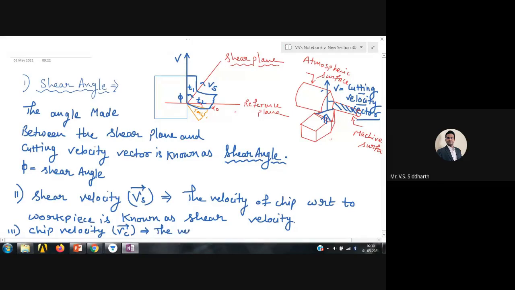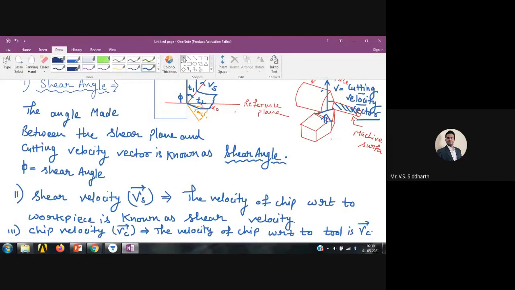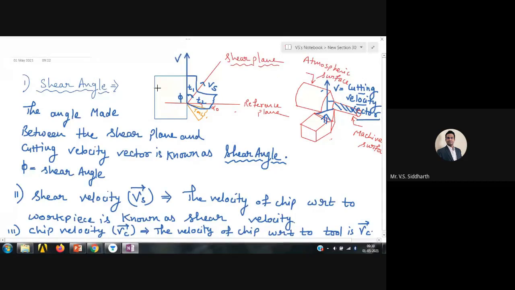The velocity of chip with respect to tool is Vc, which is chip velocity. So the velocity of chip with respect to tool means this velocity is my chip velocity. This is Vs and this is Vc.